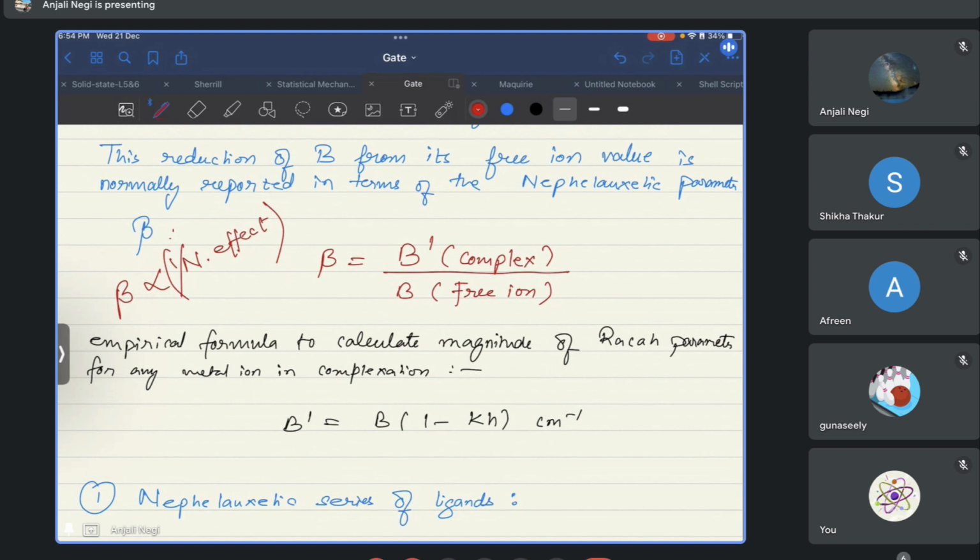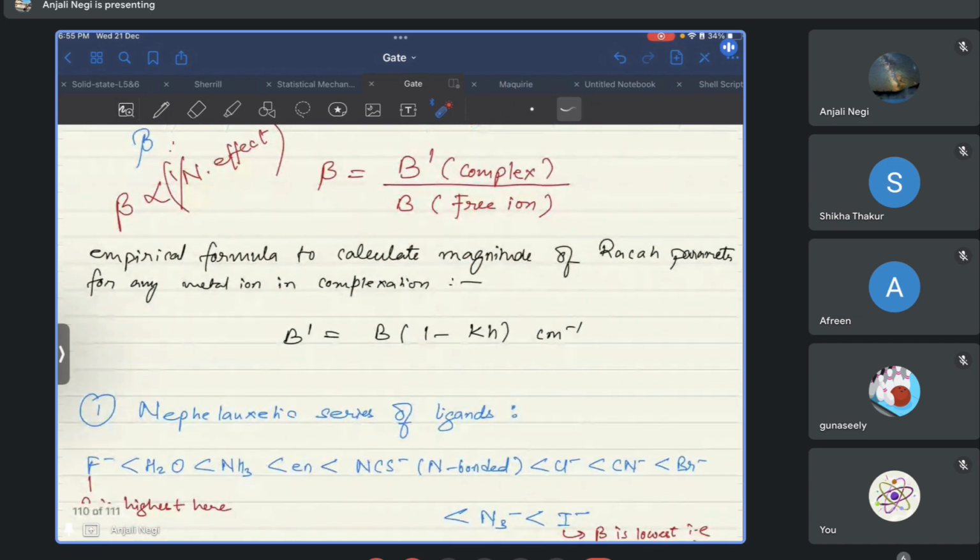Other than that, I don't think you need to know this. So the empirical formula to calculate the magnitude of the Racah parameter for any metal ion in complexation: B prime, that is my metal ion after complexation, equals B, the metal ion in the free state, times 1 minus kh, and this is in centimeter inverse. So this is the formula that you can use.